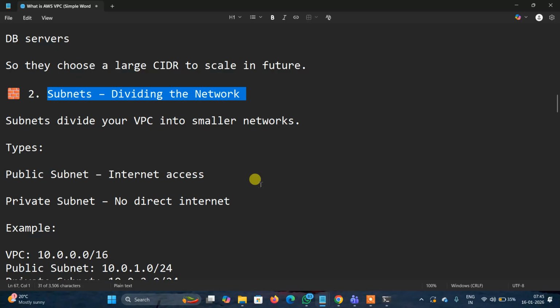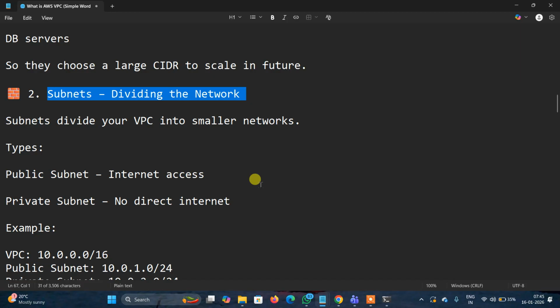Why do we need to keep a public network and a private network? Because if you keep the database in public, hackers will attack and steal the data. That's why we keep the database servers in the private network.